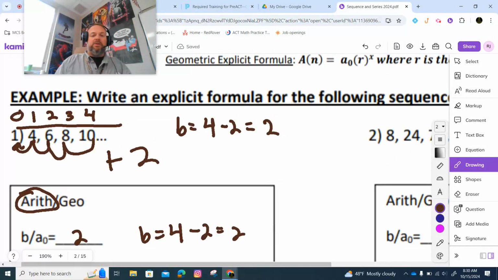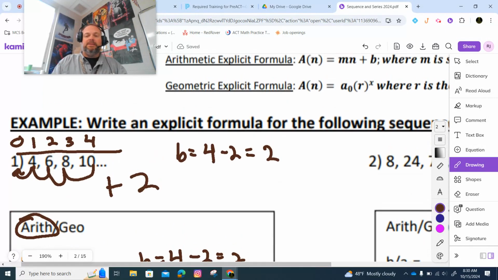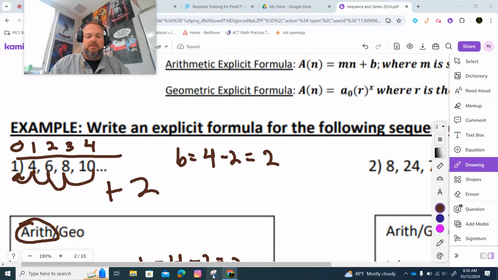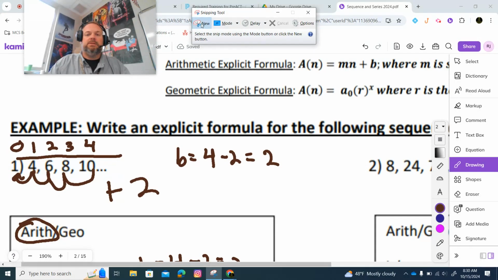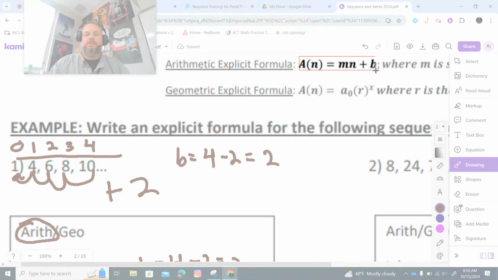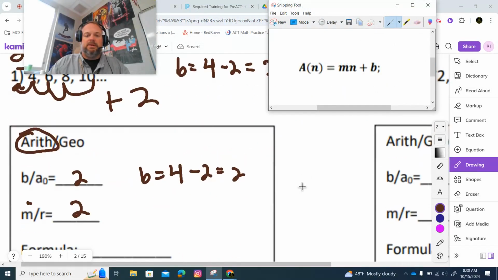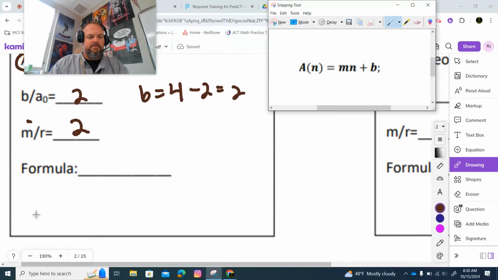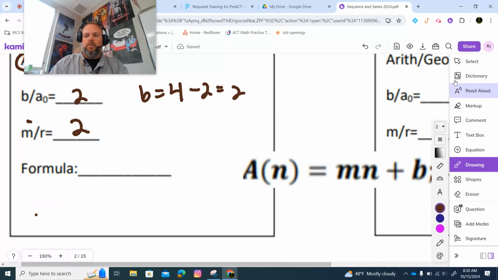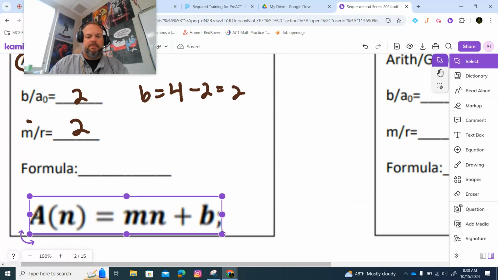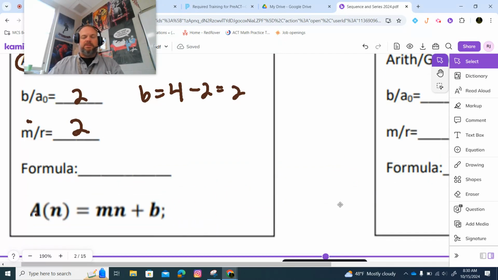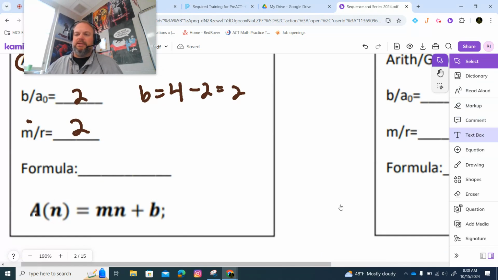Okay, so now we do our formula. So our formula looks like this.